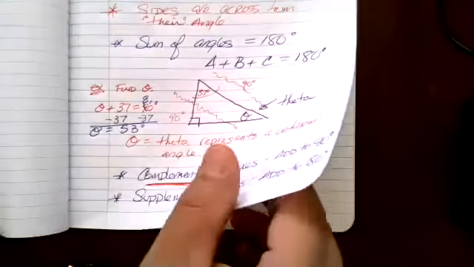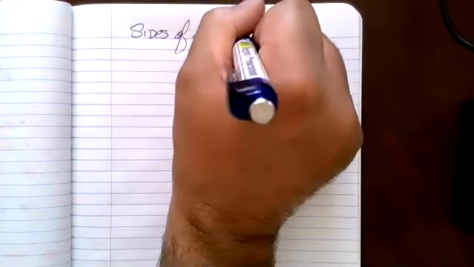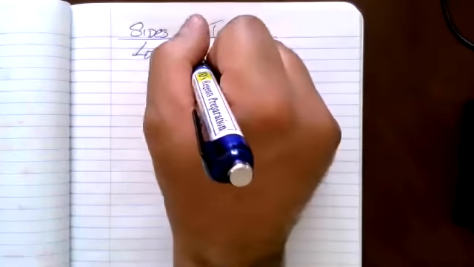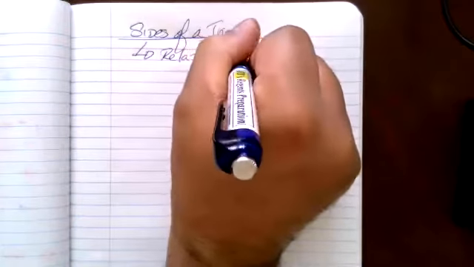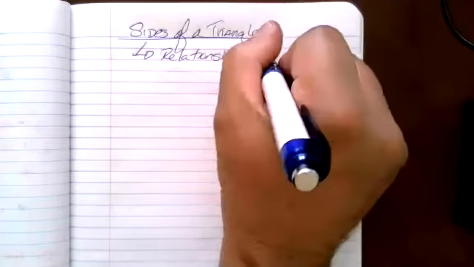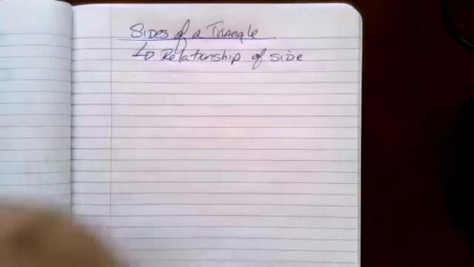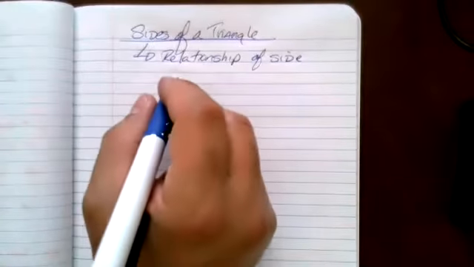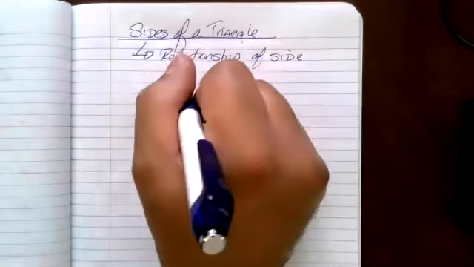So the relationship between angles in a triangle is that they all add up to 180 degrees. The sides of a triangle have a relationship also. I would say, what's the relationship of the sides of a right triangle?